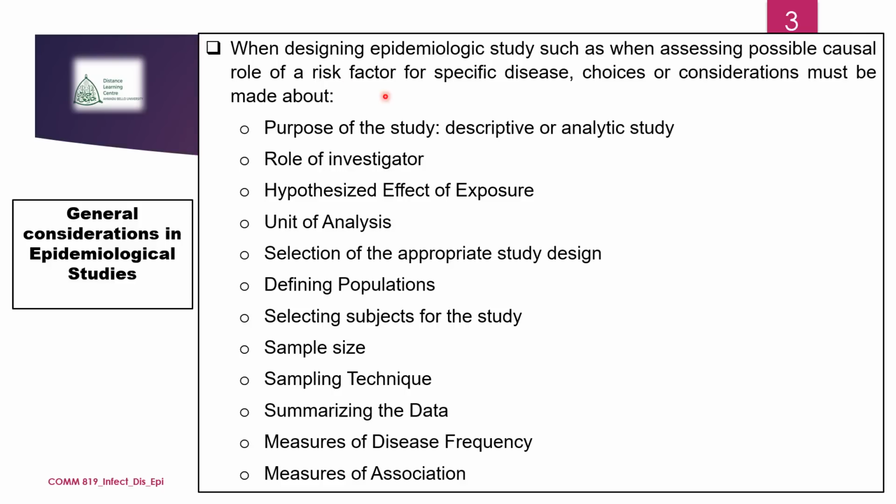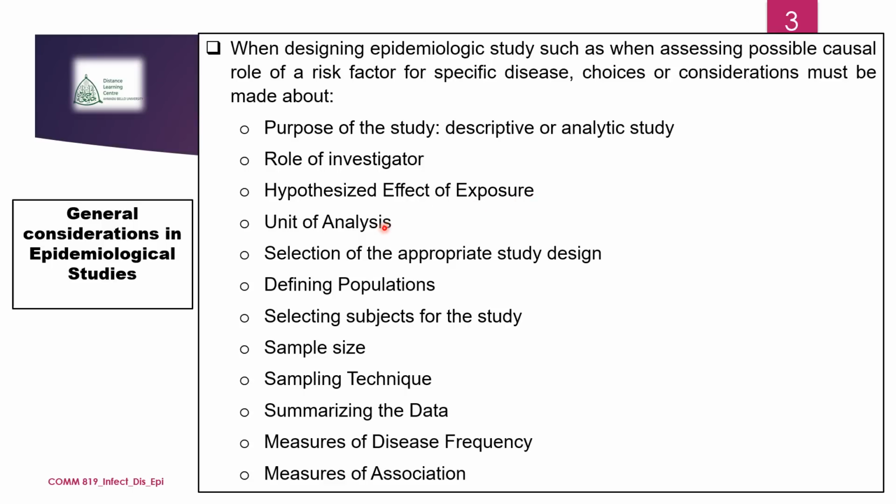For example, you need to consider the purpose of the study. What kind of study do you intend to conduct? And the role of the investigator, hypothesize effect of exposure to the population.